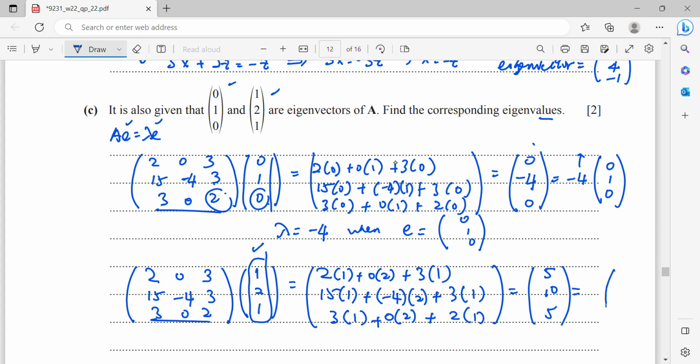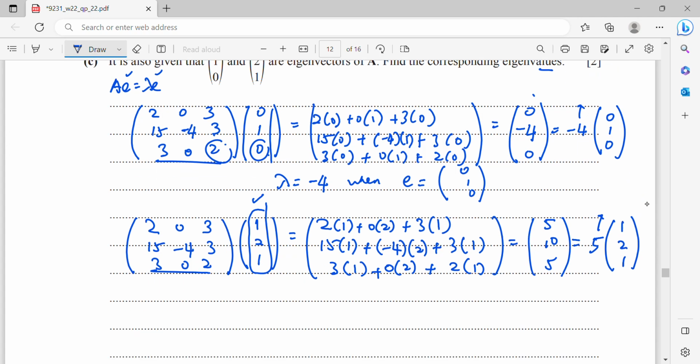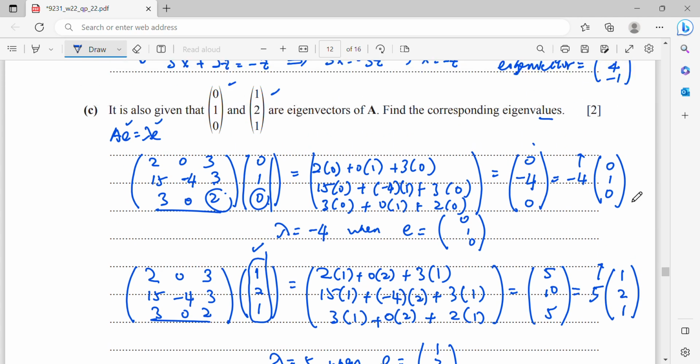So 5, 10, 5 can be expressed as 1, 2, 1 once we have factorized 5. So obviously this 5 is our next eigenvalue. So I will write lambda equals 5 when E is 1, 2, 1. Okay, so this is how we solve 7C.